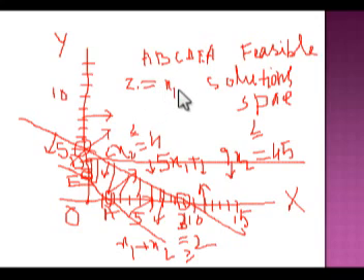If we put 0 4, then z will be equal to 4. So here we will get the price straight line. It also passes through the point 4 0. This will be the z equal to 4 price straight line.